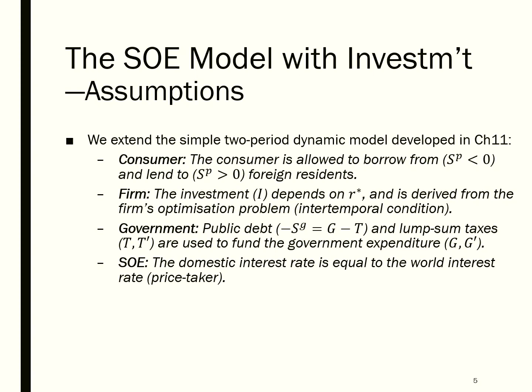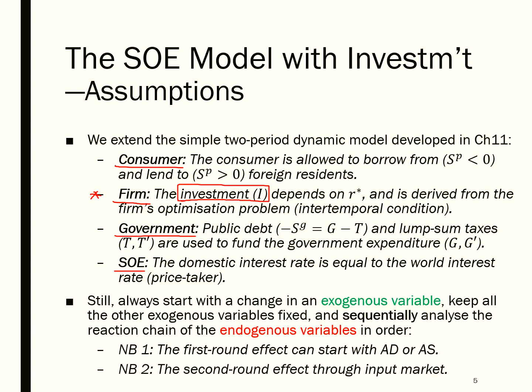Recall that we have a three-step approach to analyze any effect of exogenous variable on the endogenous variable. The first step is to distinguish between exogenous variables and endogenous variables. The second step is to distinguish between the shifts of the curve and shifts along the curve. The third step is to start with a particular exogenous variable and then analyze the effects on the endogenous variables based on the intratemporal conditions, intertemporal conditions, and market clearing conditions.